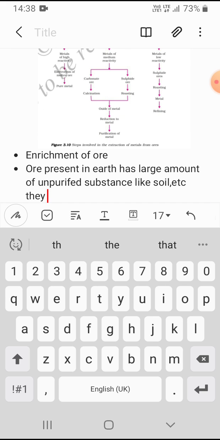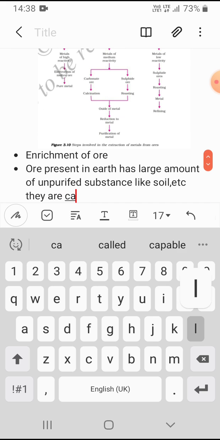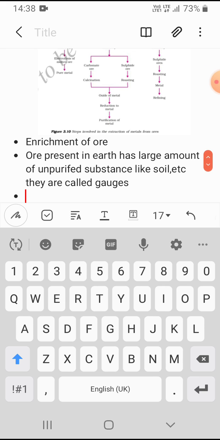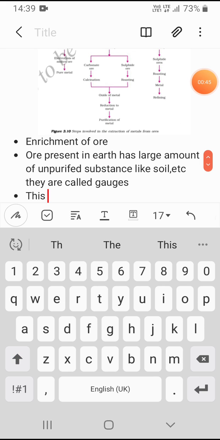They are called gangue. The impure substances are called gangue.